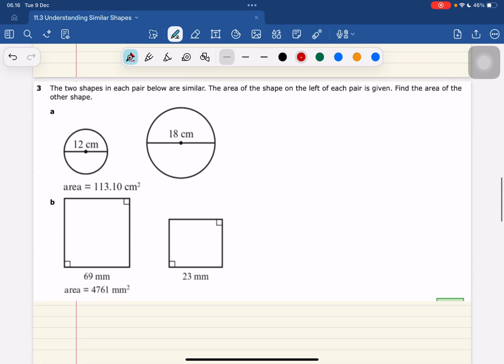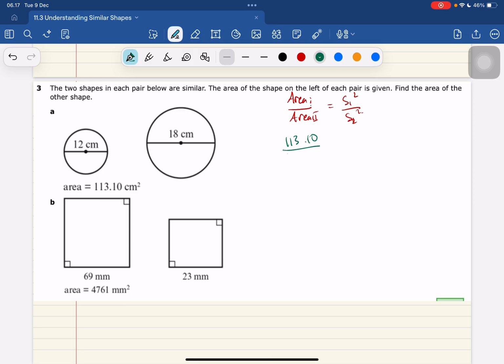Okay, the two shapes in each pair below are similar. The formula is the first area over the second area equals the first side squared over the second side squared. Okay, let's proceed. So this is 113.10.